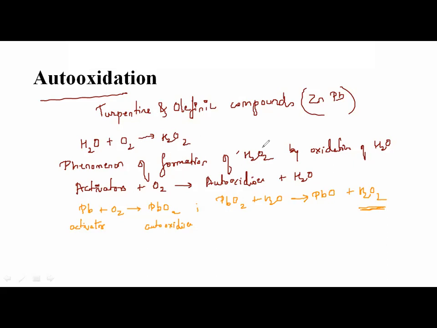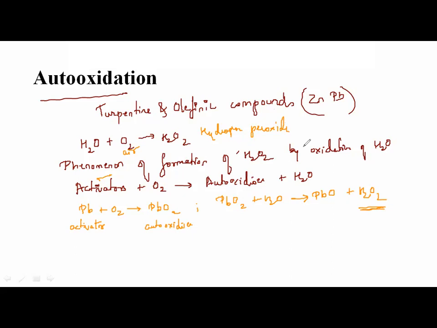Auto-oxidation means certain compounds react with oxygen present in air in the presence of water and form hydrogen peroxide. This phenomenon of formation of H2O2 by oxidation of H2O is called auto-oxidation, which occurs on its own.